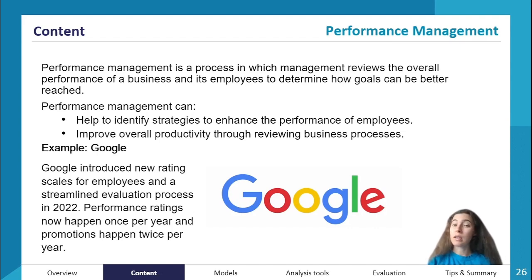So, all of those things that we've looked at earlier with those different factors that could be drivers of change, they could be relevant here when you're looking at performance management as well.